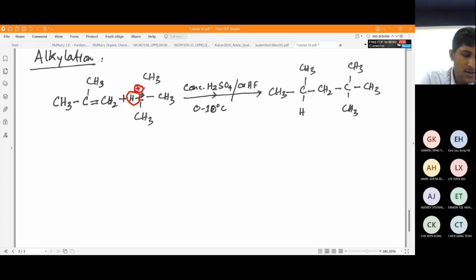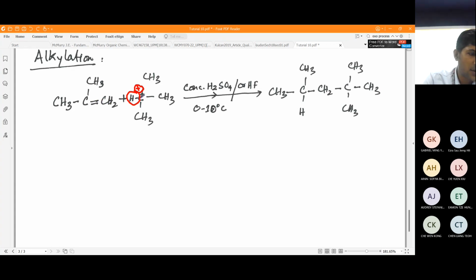This cation is going to attach to this carbon because this carbon has less bonding, and here there are a lot of electrons, the double bond.